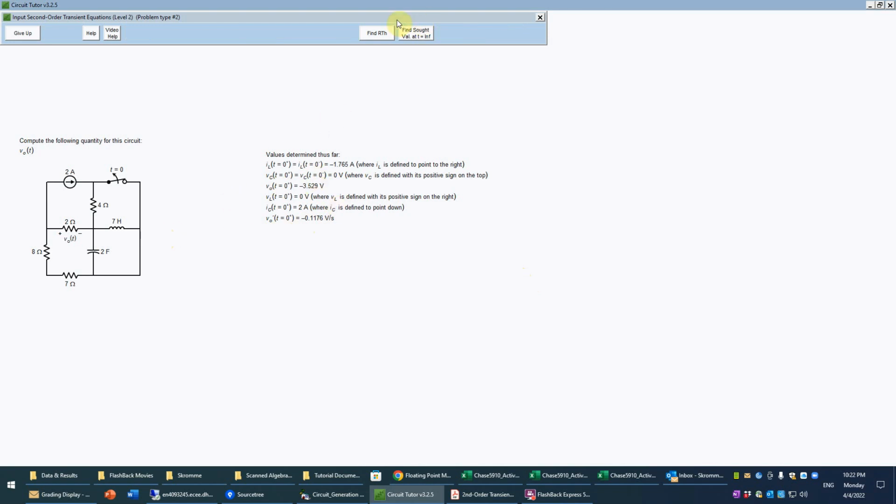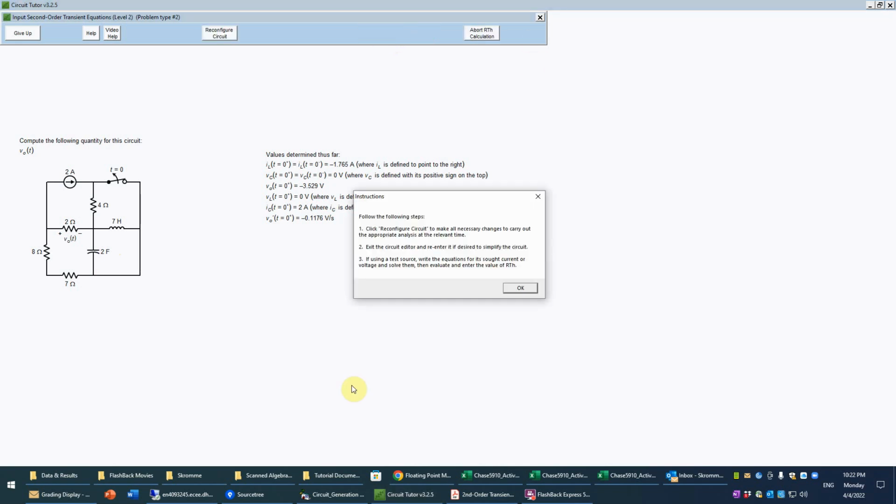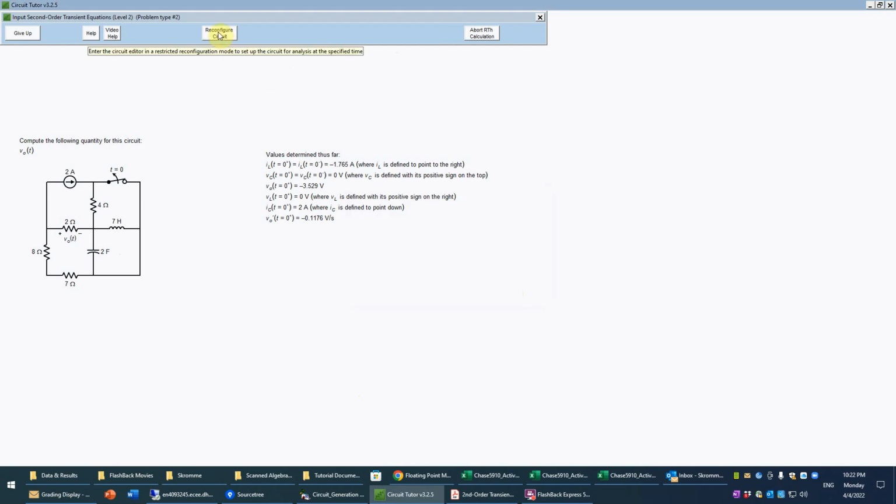So now we have a couple more tasks. We have to find the Thevenin equivalent resistance from the terminals of the combined inductor and capacitor, because that's how we originally derived the form of the transient solution. So click on Find RTH, and so now we're going to go into the reconfiguration mode again.